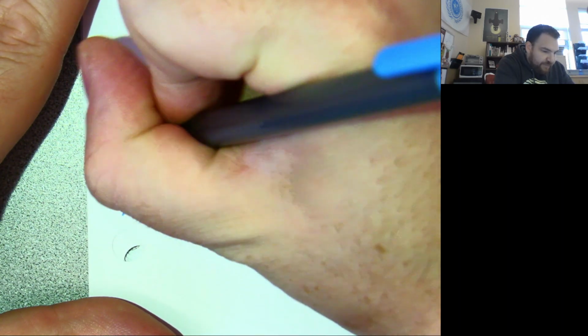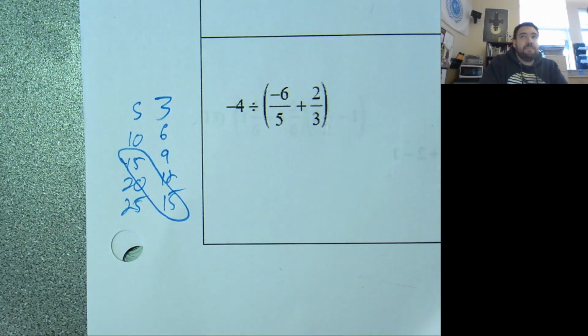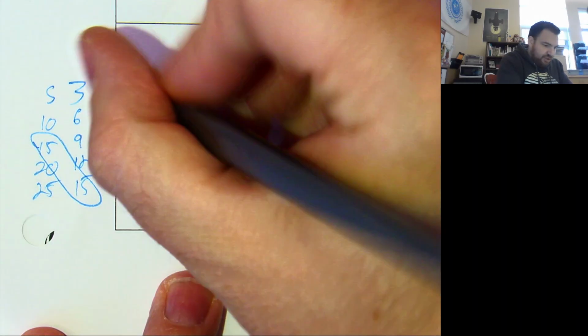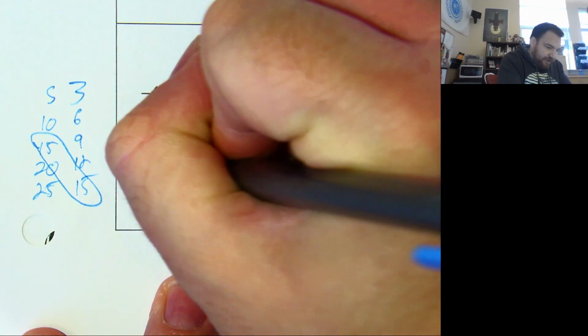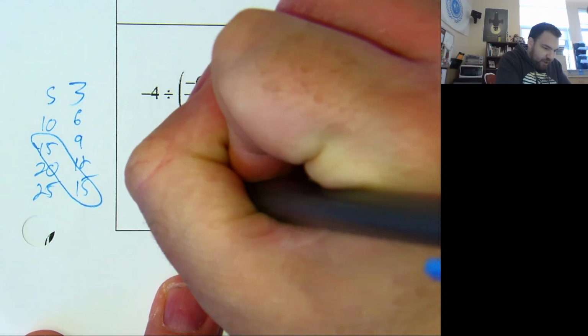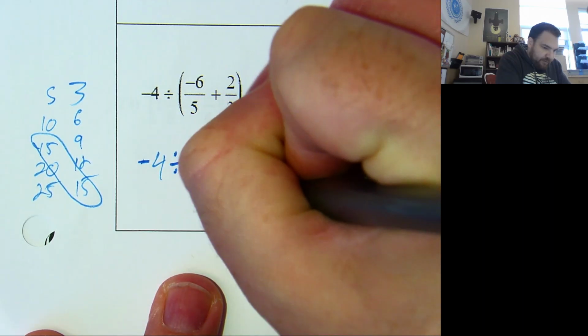As soon as you find a common number in that list, that's a common multiple. That's going to become our common denominator. So I can right away jump ahead and say, okay, well, this is going to become negative 4 divided by bracket, bracket. Both of these are going to be over 15.